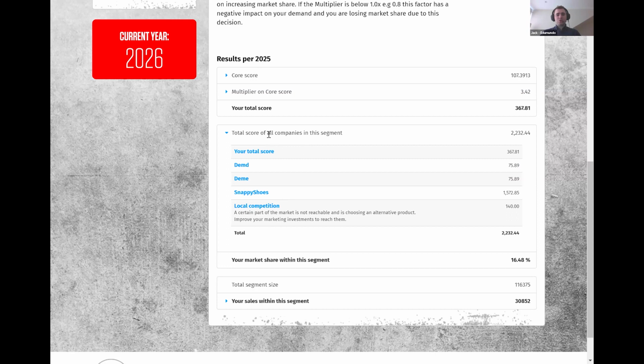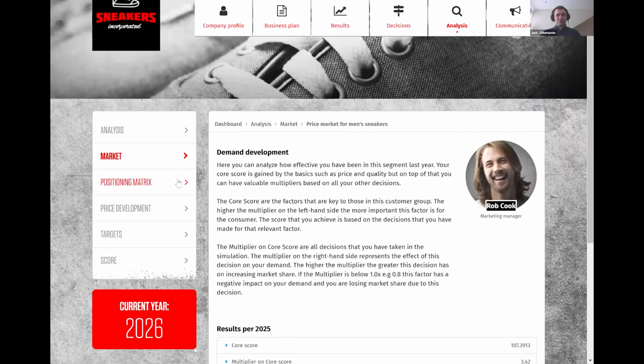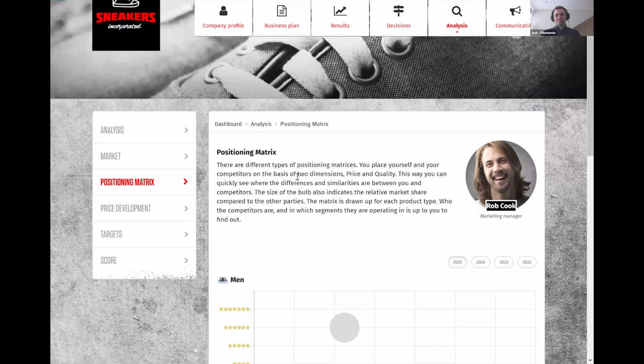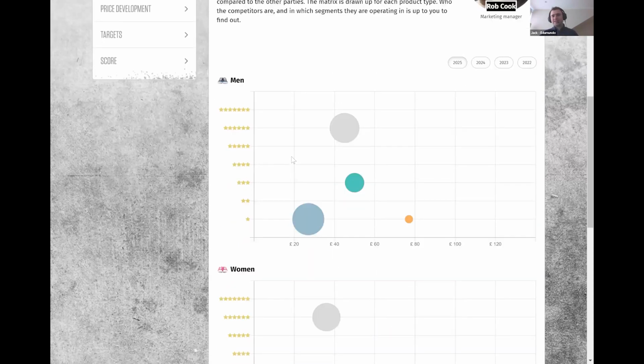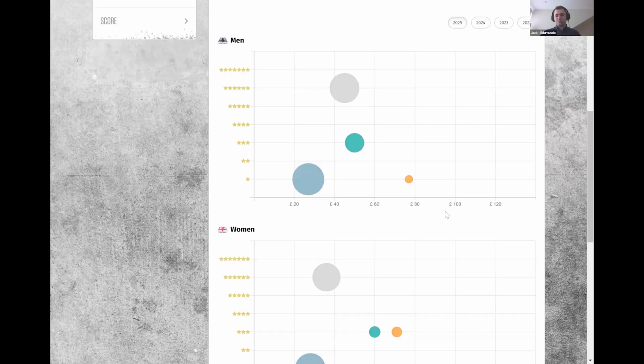But if you want a more visual representation instead of a numeric, we have the positioning matrix. And here you can gain a little bit more of a holistic understanding as to what is occurring within the market and what strategies some teams may be going for, and potentially even try and spot some gaps in the market, for example.